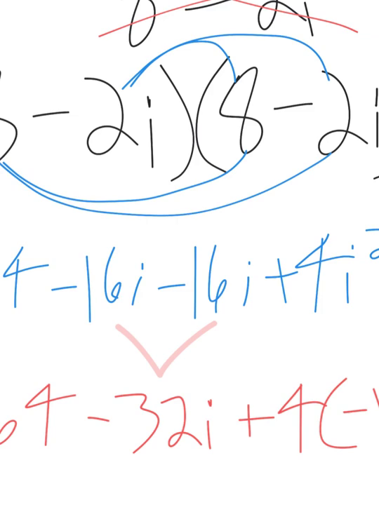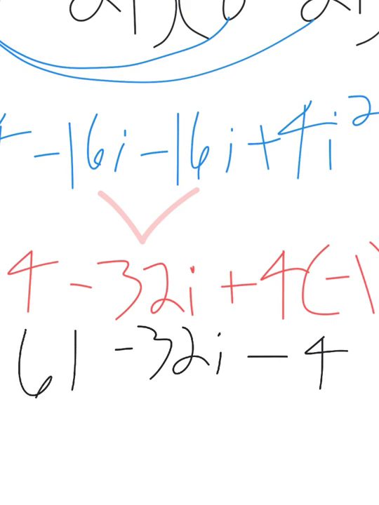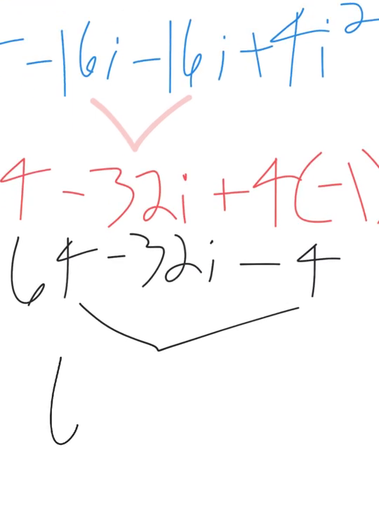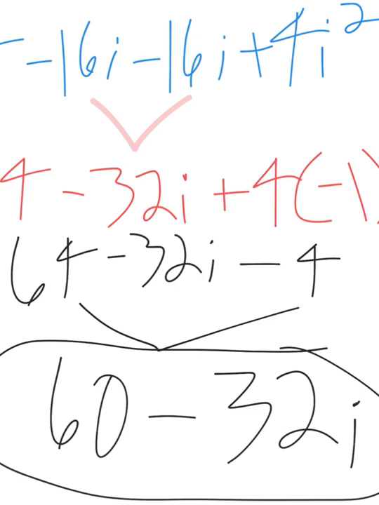And so 4 times negative 1 makes negative 4. I'm just going to bring everything else down. 64 minus 32i minus 4. So do 64 minus 4, because those are like terms. 64 minus 4 is 60, minus 32i, for my final answer.